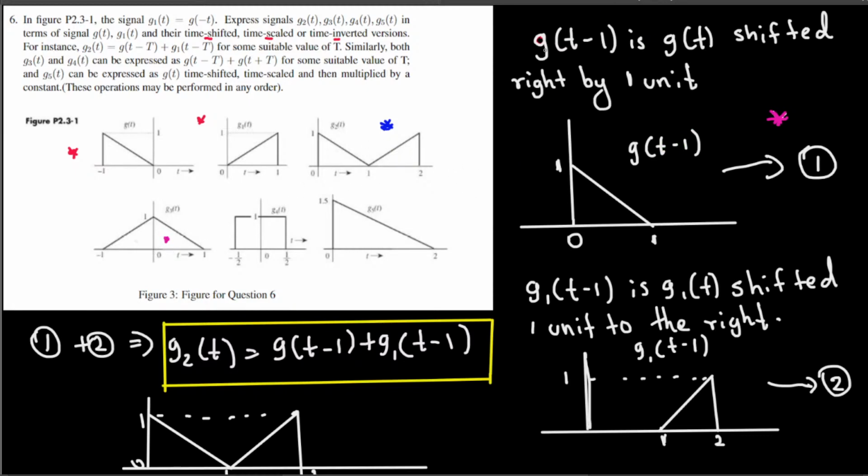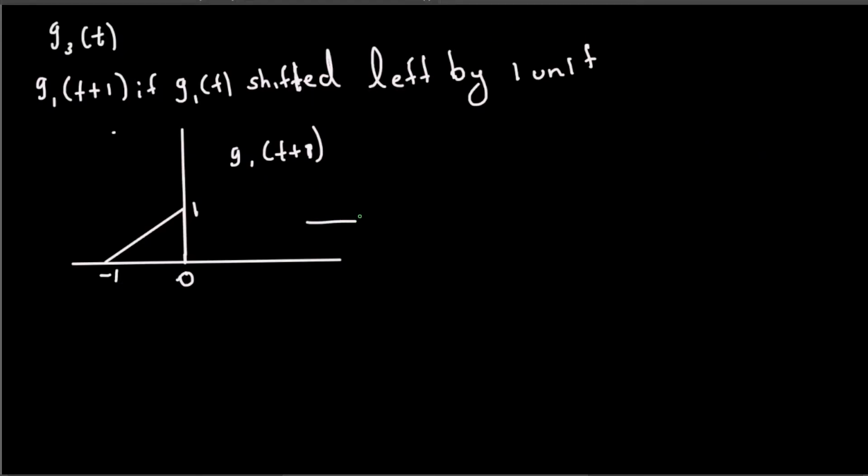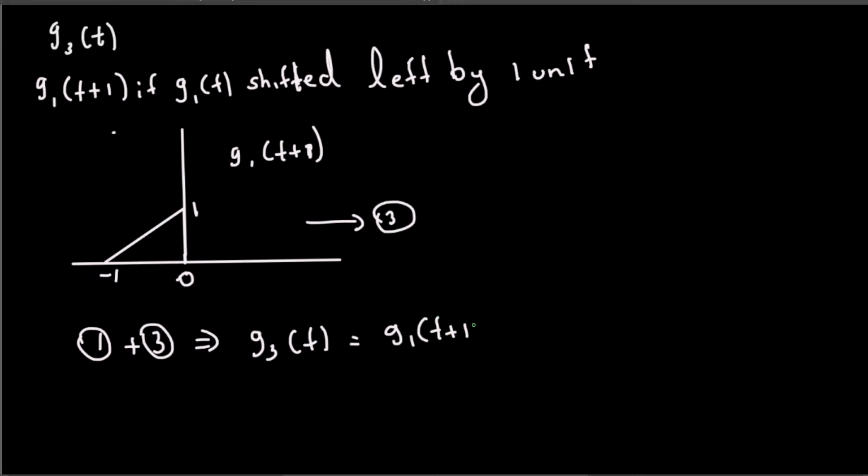So if we add them together, let's call this one 3, 1 plus 3, 1 plus 3 is g3 of t, and that is equal to g1 of t plus 1 plus g of t minus 1. Okay, so this is the answer for the g3 of t.